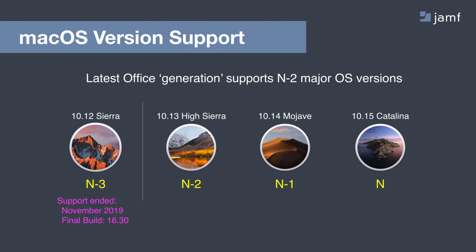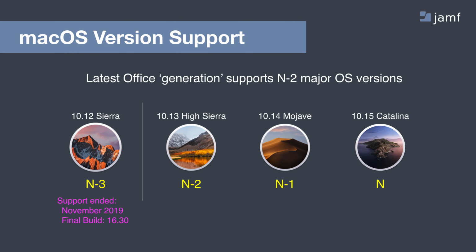As time moves forward and Apple releases new major versions of macOS, which tend to happen on a very rhythmic model, this version support becomes a sliding window. Where a new version is added, the oldest version is dropped from support.